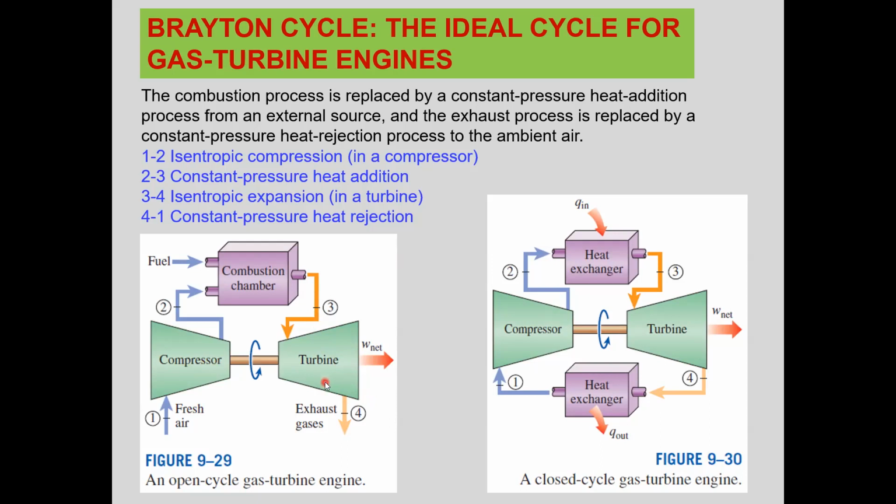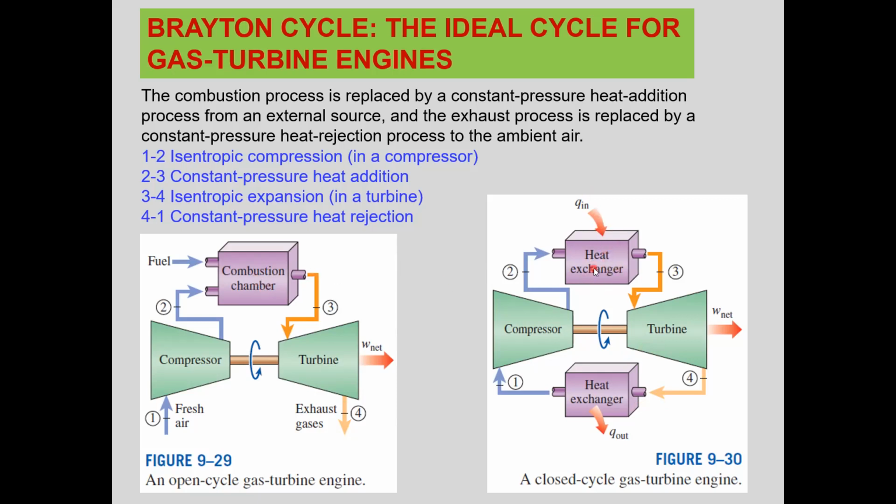Okay, so this is the operation of an open cycle gas turbine, an actual operation of these systems. On the right-hand side, we have the air standard model, which is a closed cycle gas turbine engine, which is called the Brayton cycle. Here, the combustion chamber is replaced by a heat exchanger, and the heat from combustion is used as the heat input.